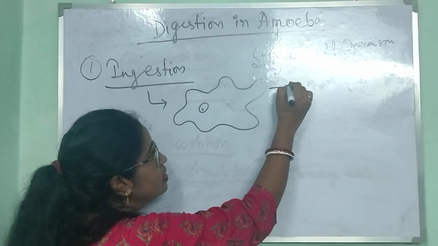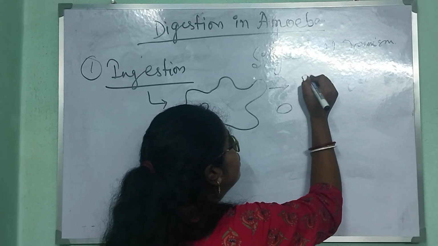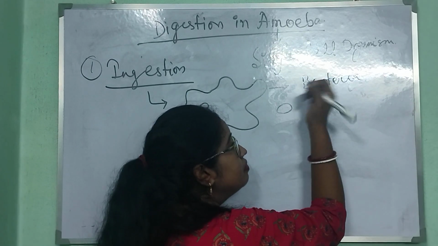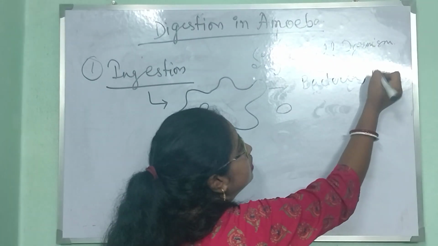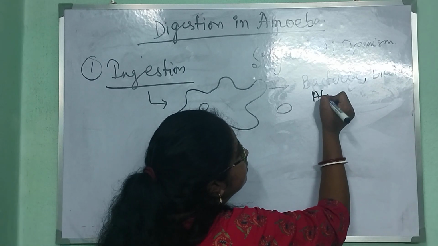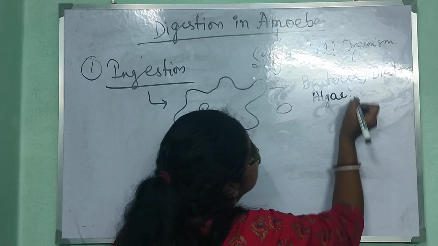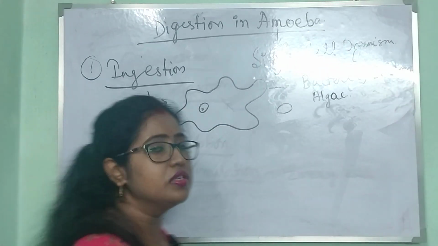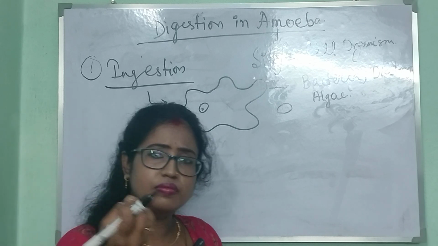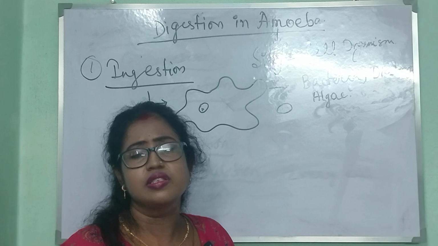Amoeba actually depends on food like bacteria. They actually feed on different kinds of bacteria, diatoms, algae, or some other plant or animal parts, like the smaller parts.